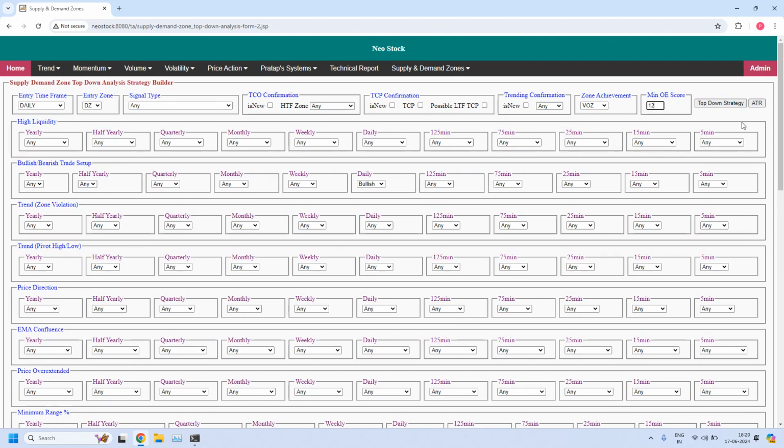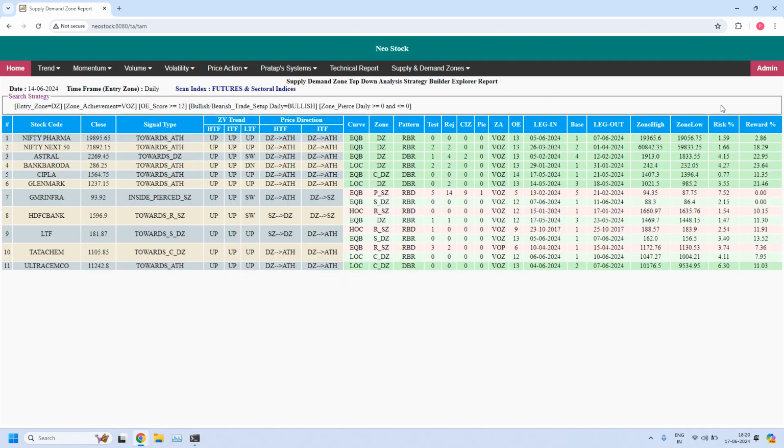So with these filters I am now generating the bullish trade setup. 11 stocks are filtered. Currently these 11 stocks are supporting bullish trade setup for monthly income trade. So you need to pause the video.